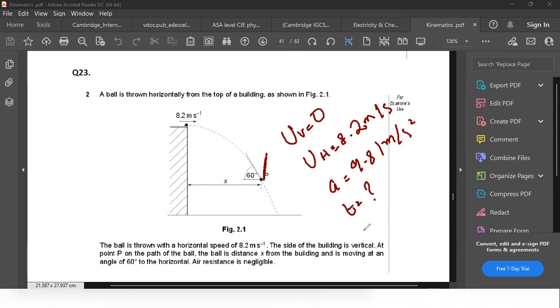We don't have our vertical distance. We don't have our horizontal distance either. So you don't have enough data to apply the kinematic equations, right? So we need to find the resultant first, or is that completely irrelevant?